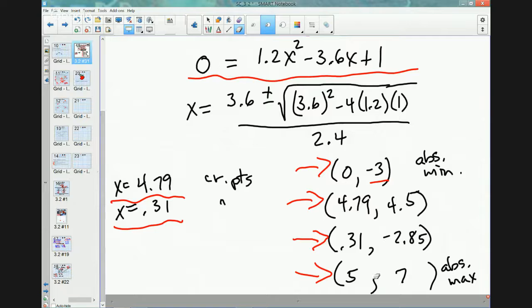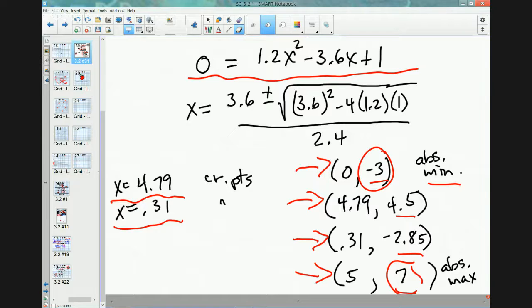It comes out to 7. Okay, so now look at we have 4 y values. 1, 2, 3, 4. Which one's the highest? Obviously this one down here. That's our absolute max. Which one is the lowest? This one, absolute min. Problem complete.